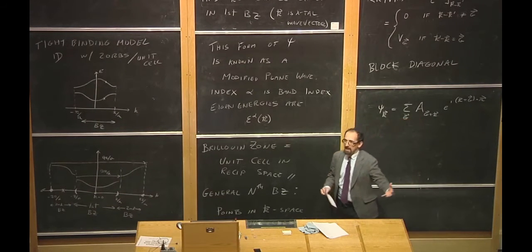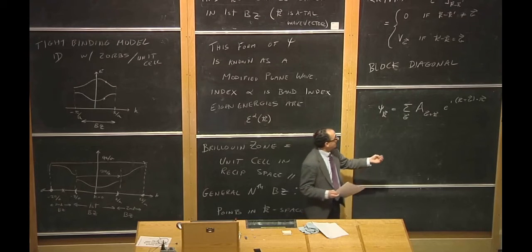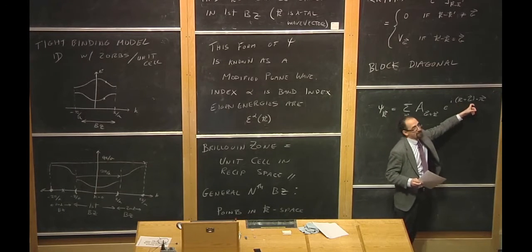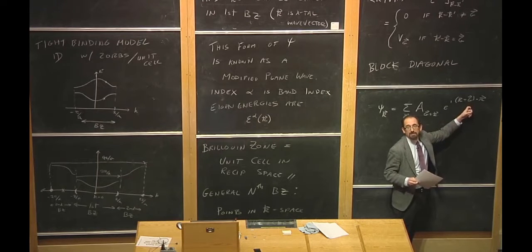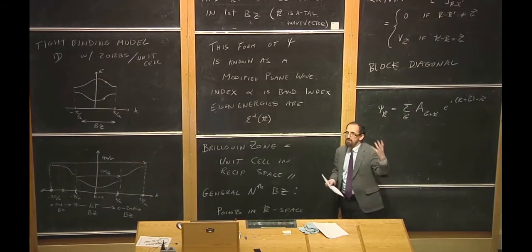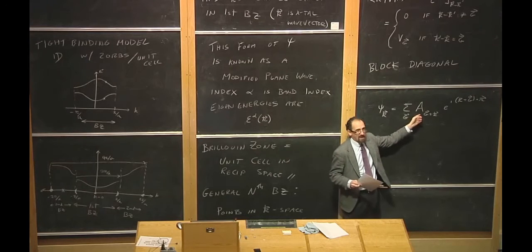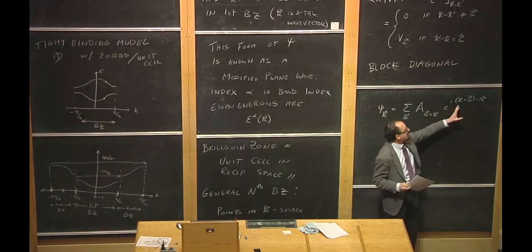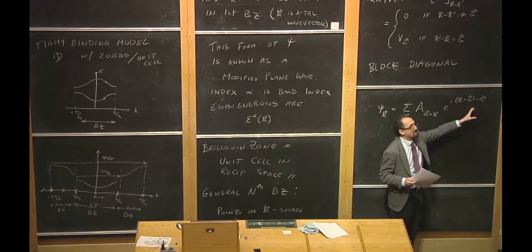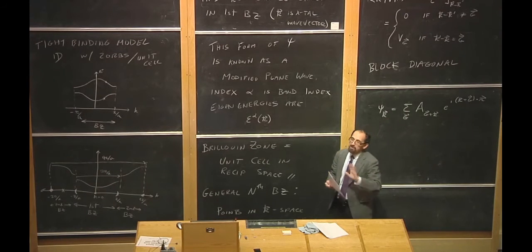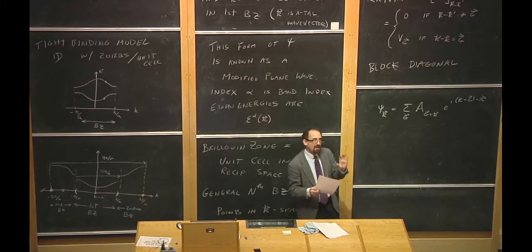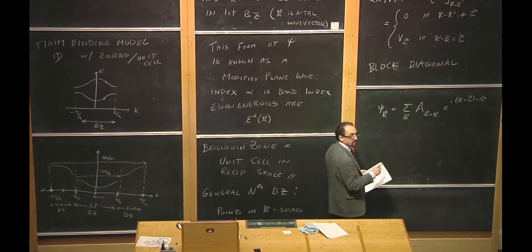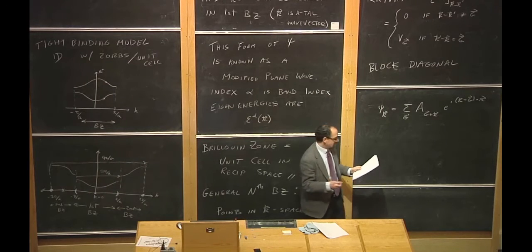And then the Hamiltonian mixes into that different plane waves whose wave vector k differs by a reciprocal lattice vector g. And you can mix in as many of those as you want, and they all get some coefficients a. But at the end of the day, the wave function must be a sum only of things that have the same crystal momentum, k plus some reciprocal lattice vector g. There's no way the periodic potential can change your crystal momentum. That's the important realization. Good? Happy? Good. All right.